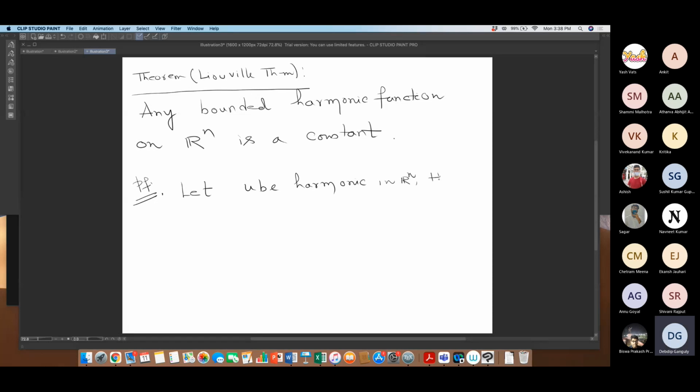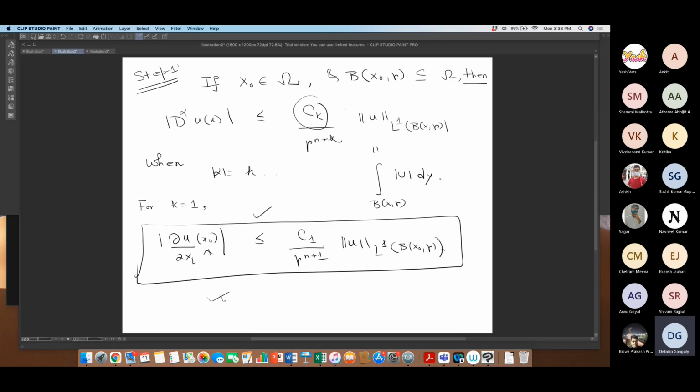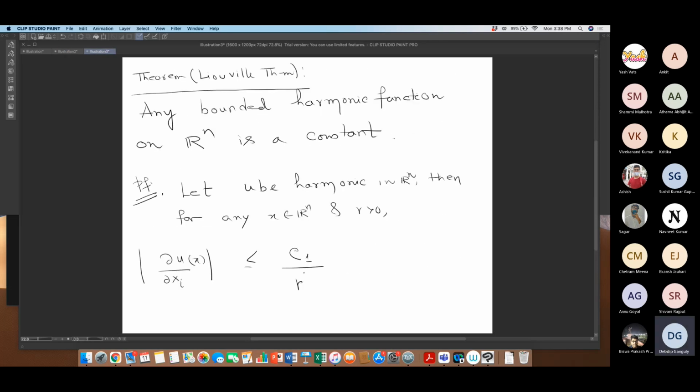Then for each point x naught, for any x belonging to Rn and R positive, there holds: del U by del xi at the point x is less than a constant C1 by R to the power n plus 1 times the integral over B(x,R) of |U(y)| dy. Just recall this estimate. Now what will I do?